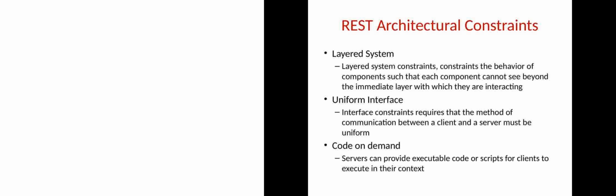How are client and server interfaced? The communication between a client and server must be uniform. That is the main constraint there. Code on demand: servers can provide executable code or scripts for clients to execute in their context. When the client needs some code, the server sends it and the client can execute it in its context.